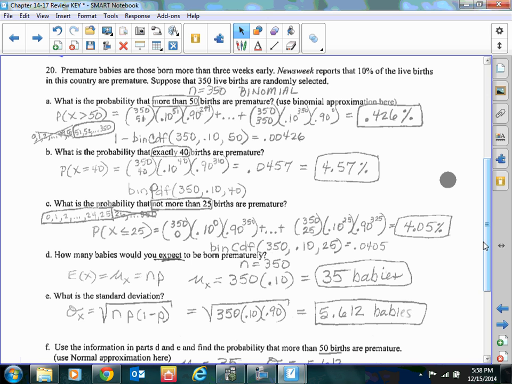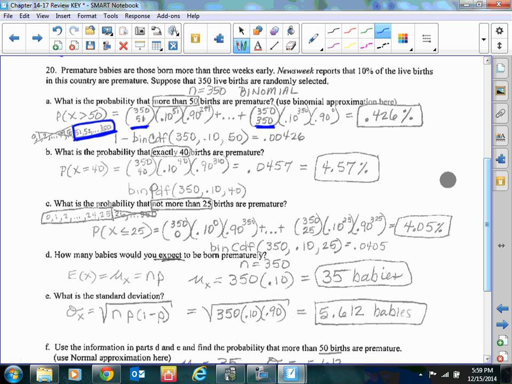So more than, purely more than 50. That is going to be 51 plus dot dot dot plus all the way up to 350. So this is a more than, therefore you want 51 to 350, but your calculator does not have the ability to accumulate 51 to 350.